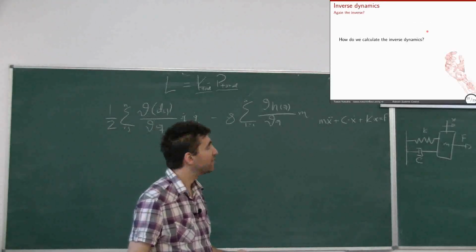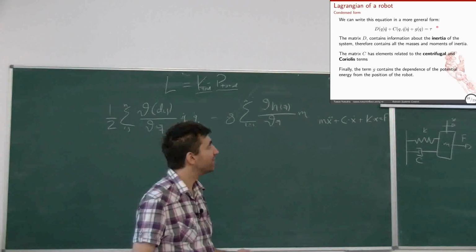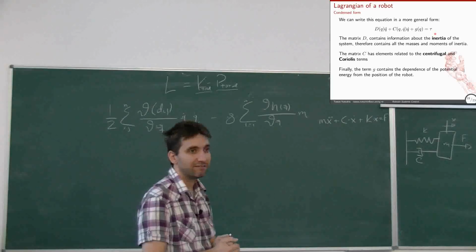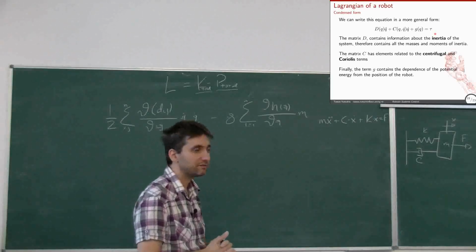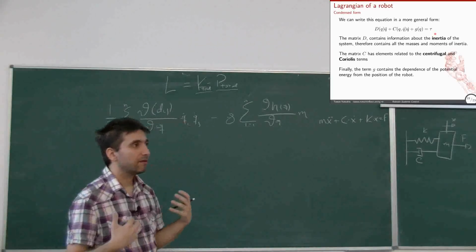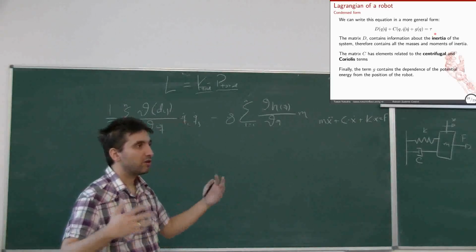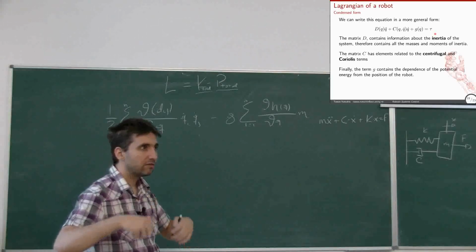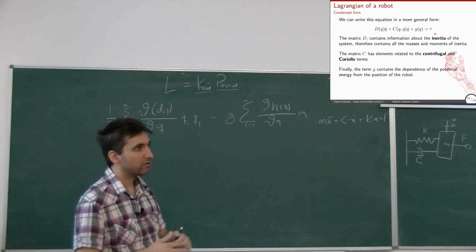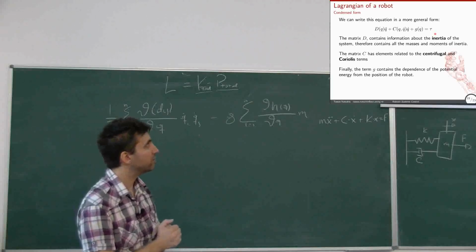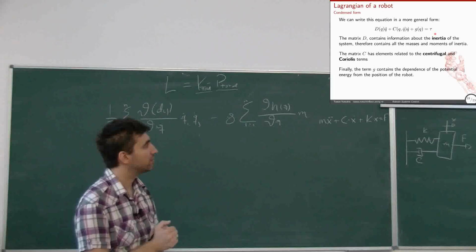So how do I go from here to an inverse problem? Any ideas? I need basically to have as an input position and velocities and torques in order to calculate what the resulting acceleration would be.